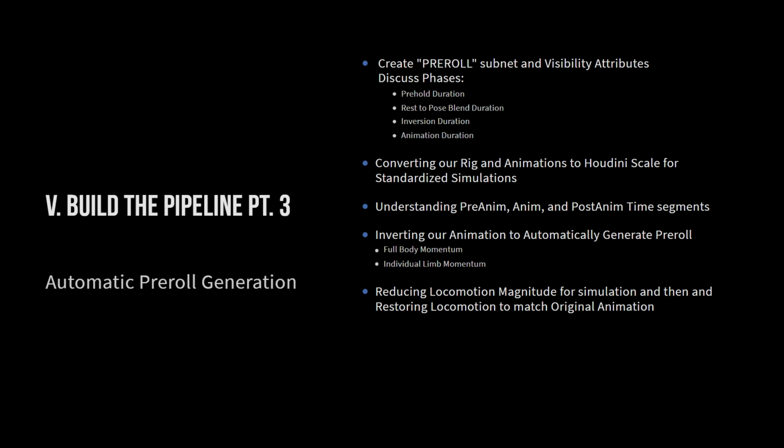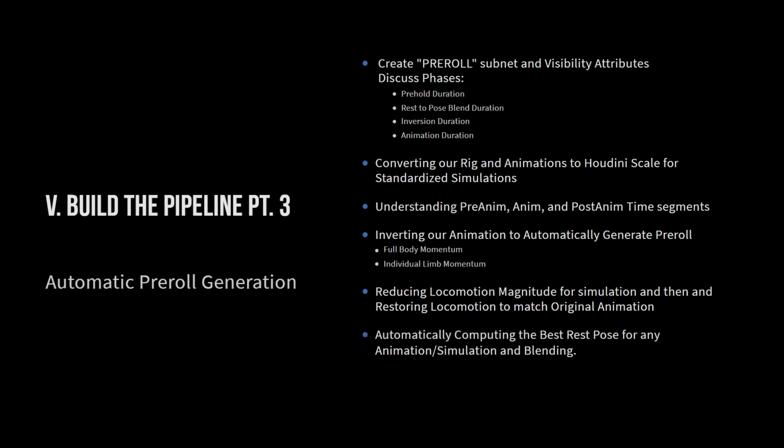But it's usually done when you get certain hand-keyed animation where there's frame skips, or they're just trying to accentuate some movement. You get stuff moving faster than it should. So this is going to really help us control our simulation. And the cool thing is that we're going to be able to reduce our locomotion magnitude for our automatically generated pre-roll, but also reduce it for the actual animation and then restore it. So we're going to have a lot of freedom and flexibility here.